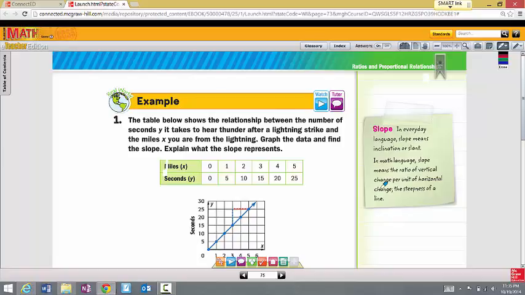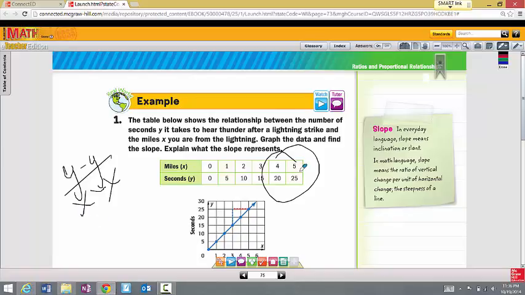Now, in this first example, the table shows the relationship. You have miles as X and seconds as Y. To calculate your slope, and again, I'm a fan of Y minus Y over X minus X. I would start at the top end of your table, because you're going to be subtracting, so I think it's foolish to start at the bottom end.